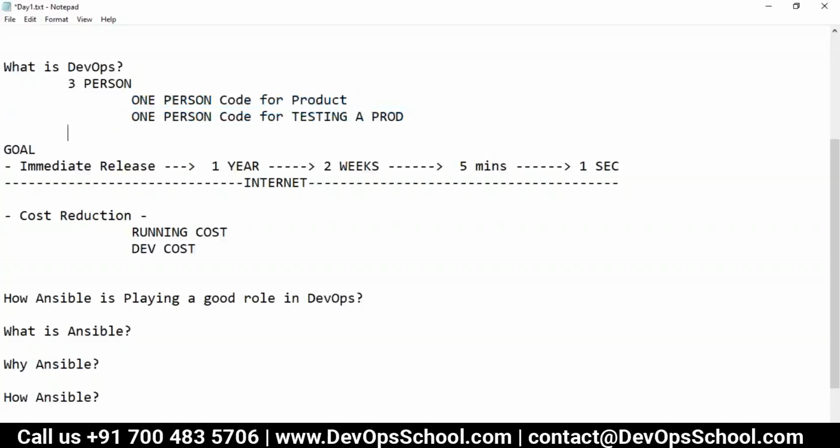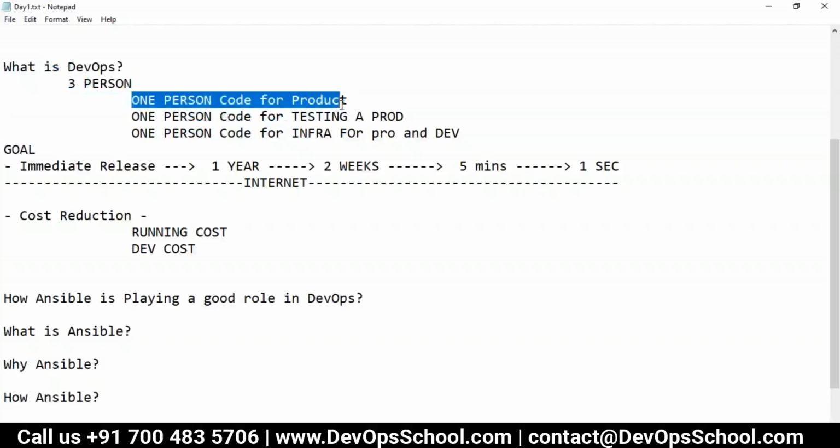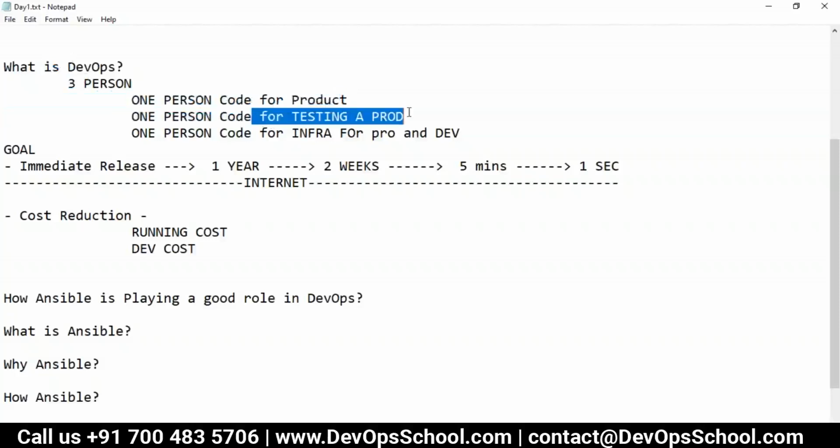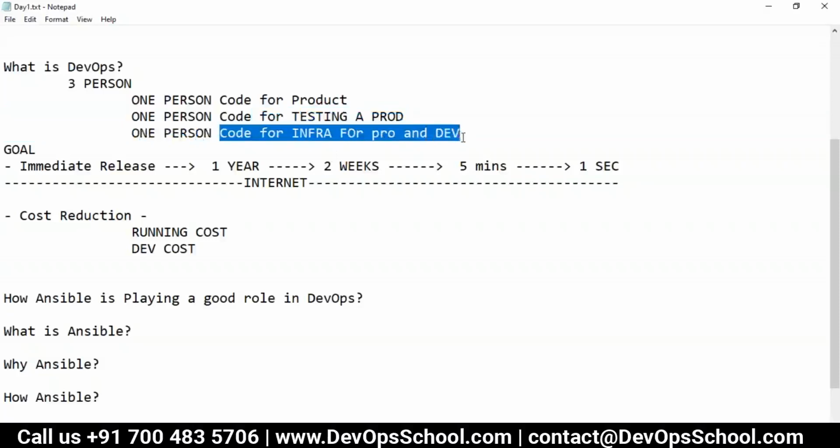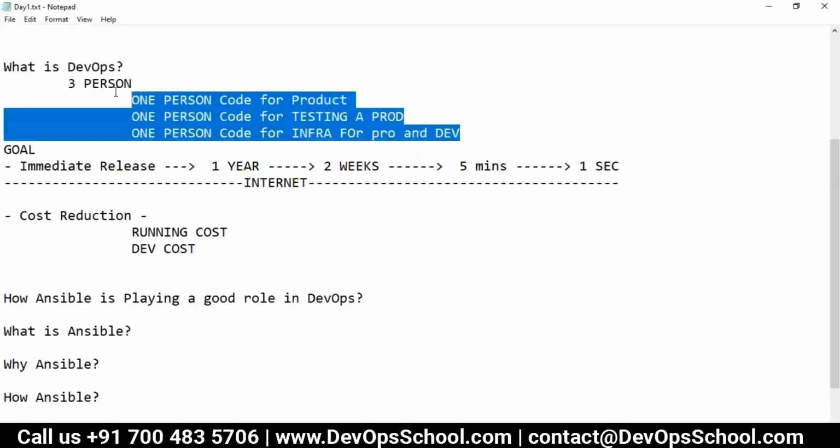The same person does the testing of the product, and the same person codes for infrastructure, for prod and dev. Same person. So in DevOps, we need a person who can code for the product, code for testing the product, or code for the infrastructure and production. And sometimes you have to become all three.